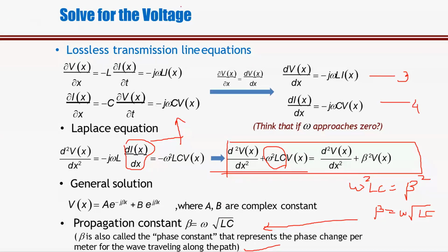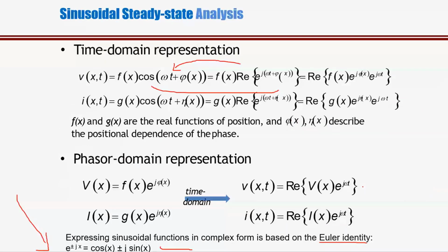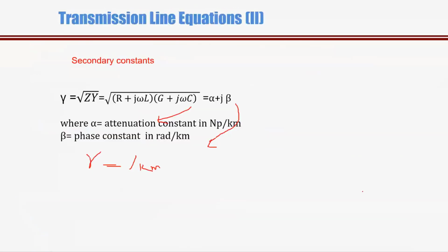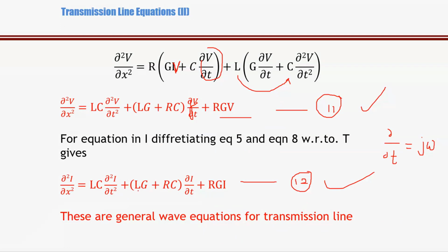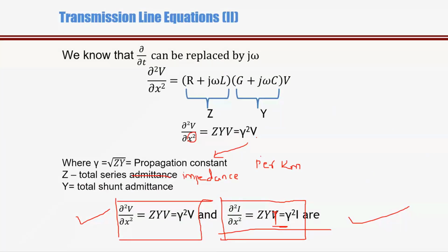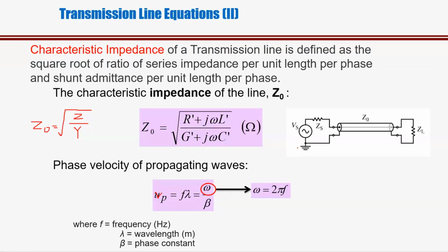Now if I compare this equation, which I call equation number 5, with the previous characteristic equation that we generally obtained for the transmission line, what was that equation? d2V by dx square is equal to gamma square V. But here we got beta square V, right?